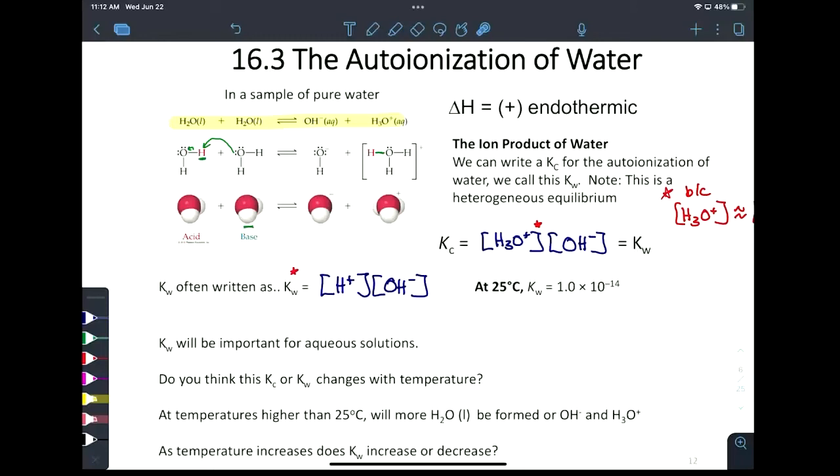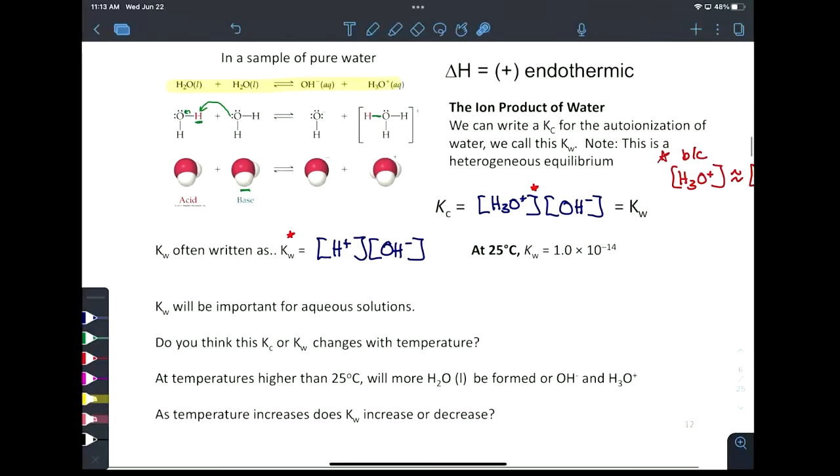Kw equals 1 times 10 to the negative 14. I would say 98% of the time, this is what Kw is. It has to be a very specific question where I don't want you to use that Kw. For the most part, we are pretending we are operating at 25 degrees Celsius, which people call room temperature, but I think that's pretty warm.